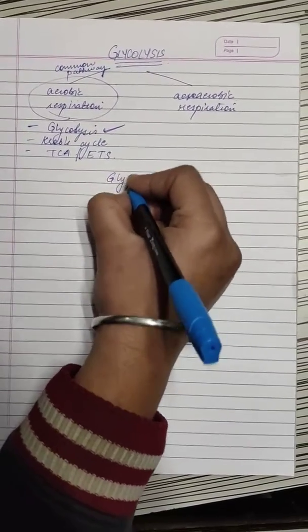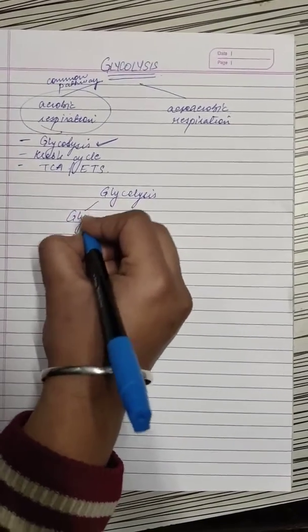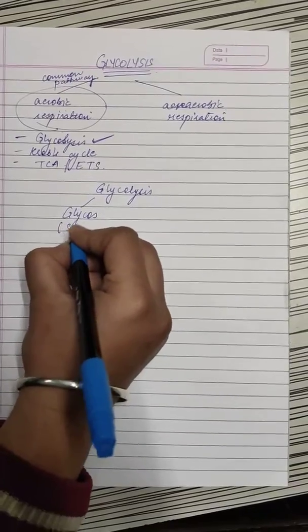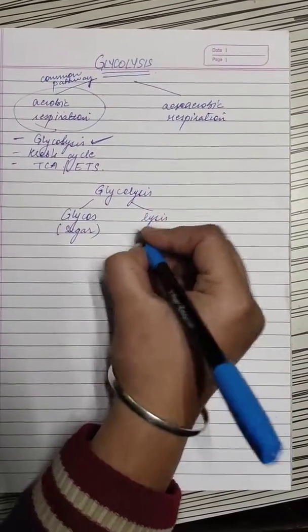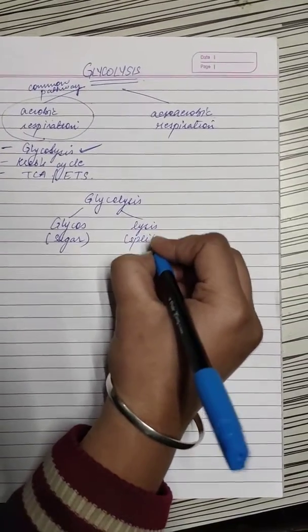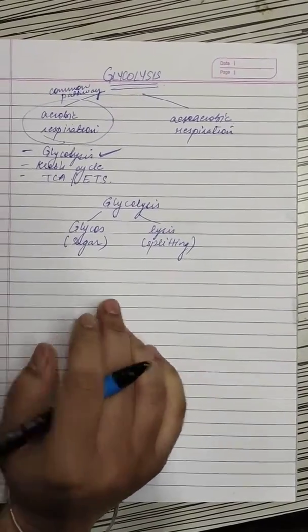What is glycolysis? Glyco means sugar and lysis means splitting. So glycolysis means the splitting of sugar.